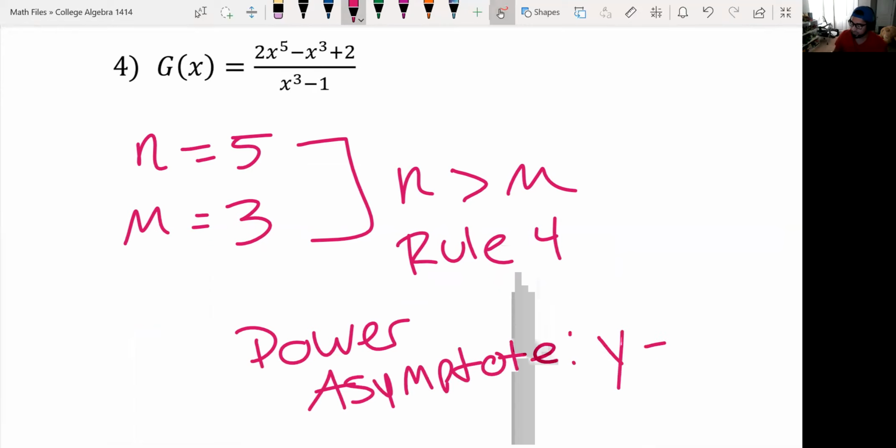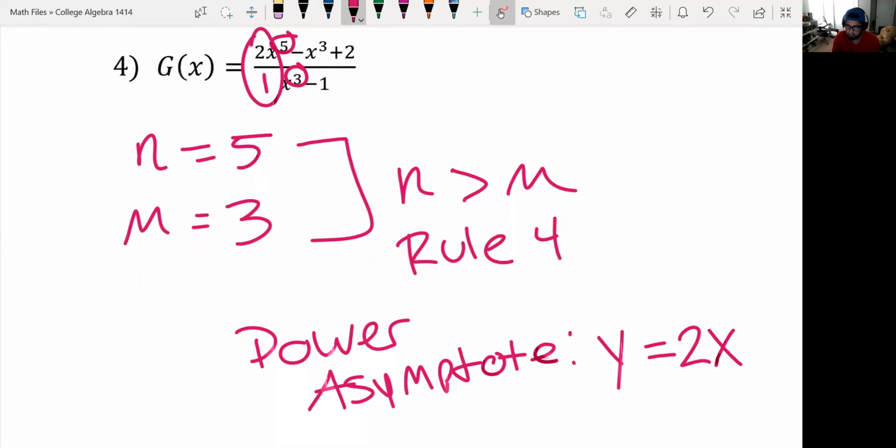And it's going to be y equals the leading coefficients over one another. And the leading coefficient of x cubed, if it's not shown, is going to be 1. So you're going to just get 2 times x. And now you're going to take the degree of the numerator, and subtract it from the degree of the denominator. And that should just give us 2x squared.